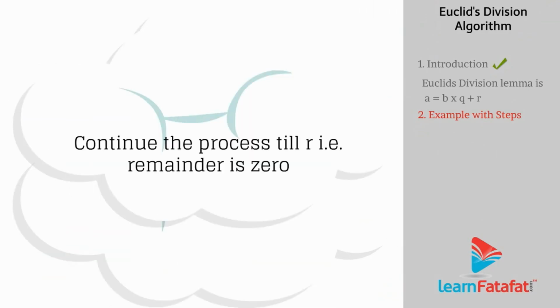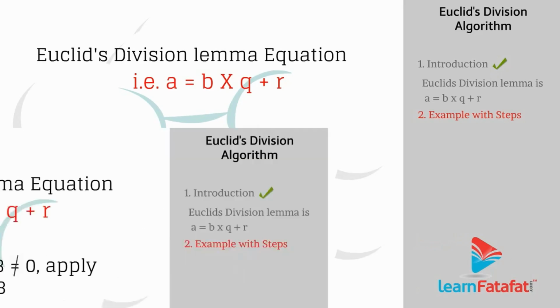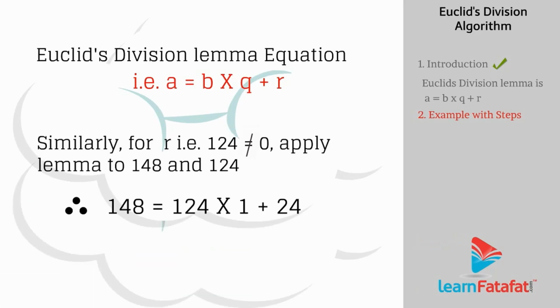Continue the process till r, that is remainder, is equal to 0. Similarly, check for r, that is 148, is not equal to 0. Apply lemma division to 272 and 148. Now check for r, that is 124, is not equal to 0.